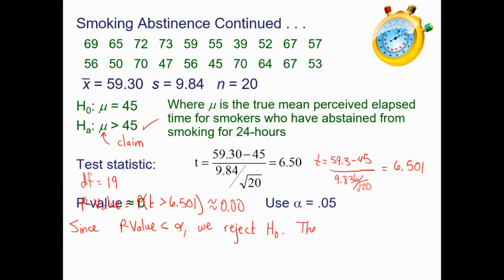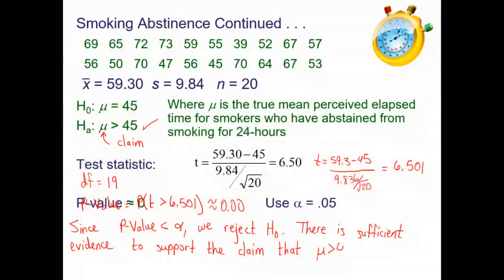We can say there is sufficient evidence to support the claim that, I'm just going to keep it simple here and say, mu is greater than 45.